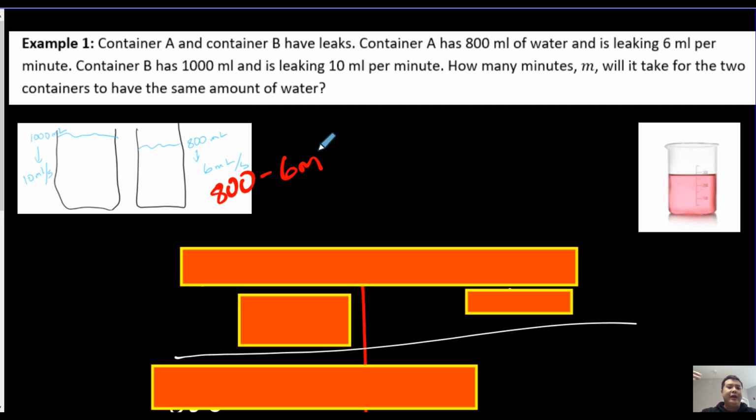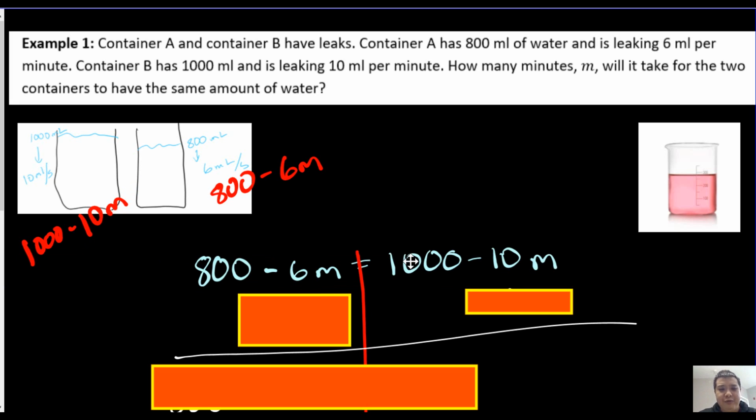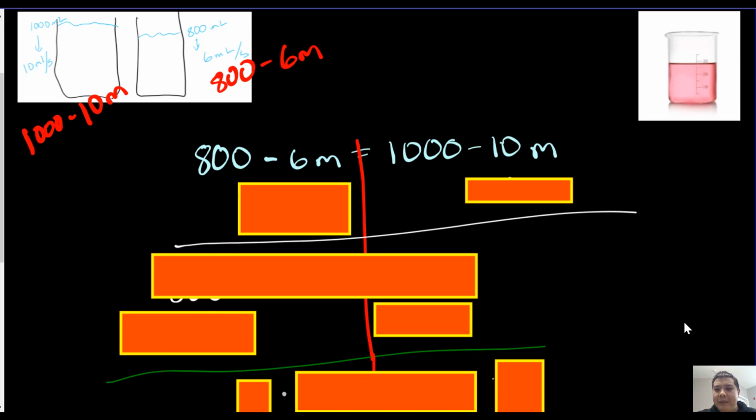The other side starts off with 1000 and it loses 10 milliliters per minute. And we're going to try to find when those two things are going to be equal to each other, so we're going to put an equal sign between them. So we have 800 minus 6m equals 1000 minus 10m. Those two represent the level of water in each of those containers after m minutes.